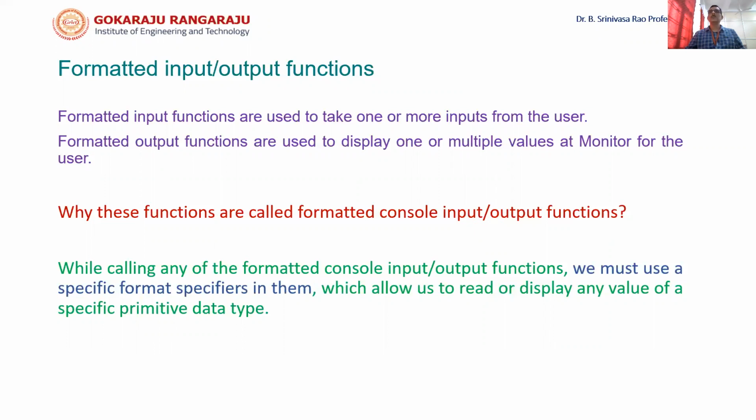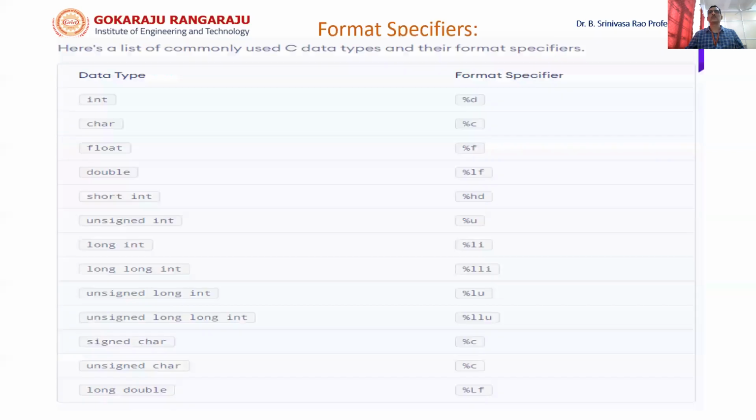So that means in the functions that we are using, we specify some specification, and according to the specification either data is input or data is output. We are mentioning a particular format, so that is why these functions are said to be formatted input-output statements. How this format is specified will be explained in the next slide.